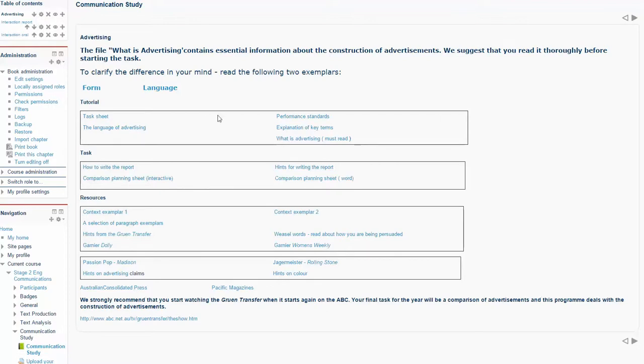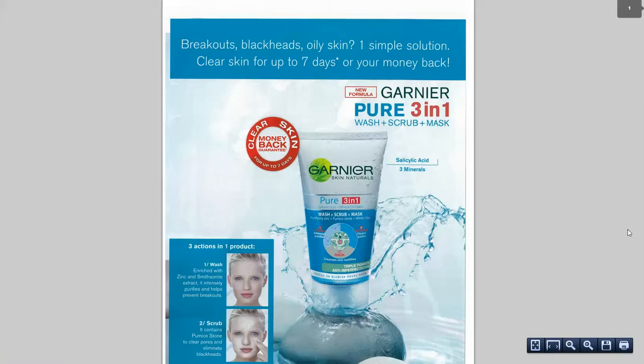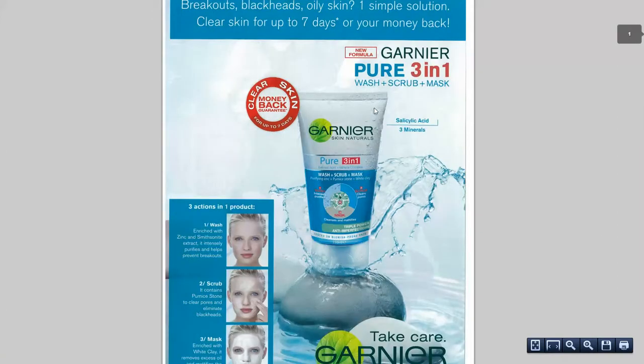Maybe going a bit extreme, but here's a simple one. Garnier in Dolly and Garnier in Women's Weekly. Now, Dolly's target audience is a much younger group of women than Women's Weekly is. And please don't say Women's Weekly is for old women. We're going to be very precise on target audience. So if you look at this exemplar, you will see that this is for a scrub, and it's looking at breakouts, blackheads and oily skin.